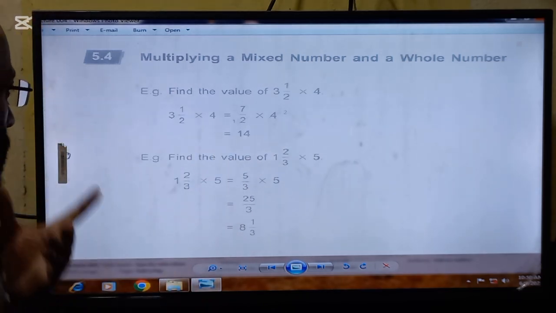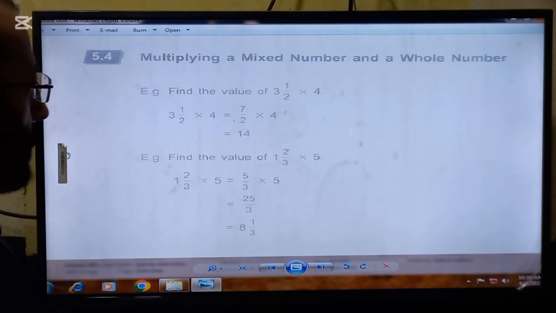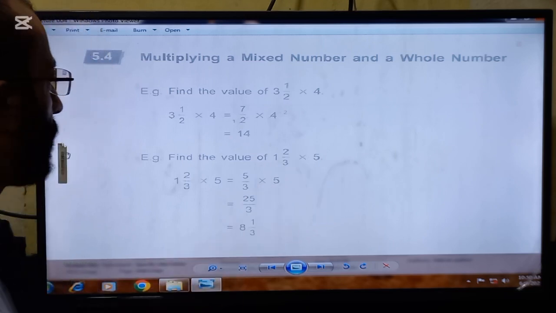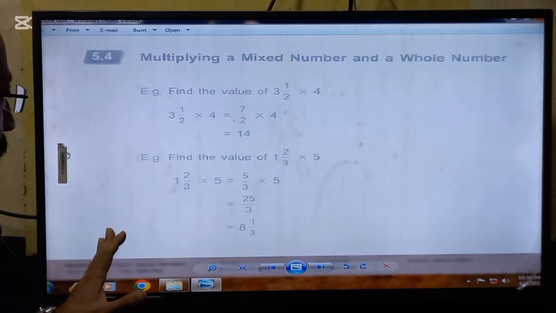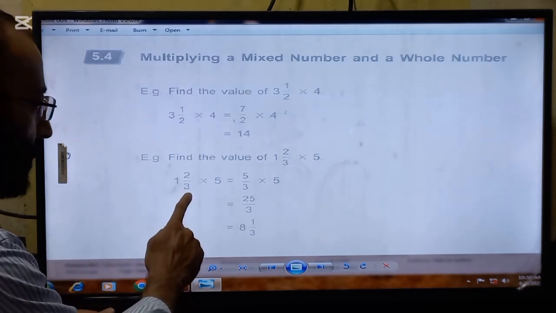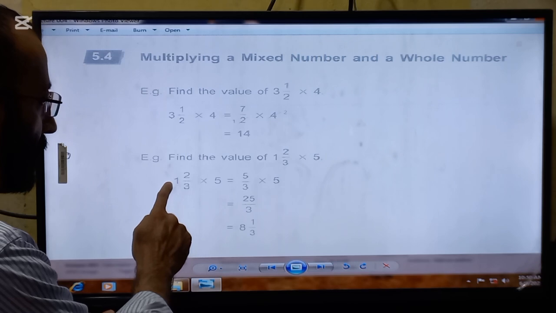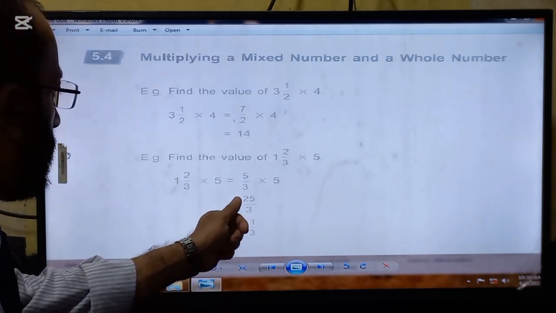And the other question is find the value of 1 and 2 by 3 multiplied by 5. Again, a mixed number is going to be multiplied with a whole number. So first we will convert the mixed number into an improper fraction by multiplying the denominator with the whole number part and adding the numerator. So 3 1s are 3 plus 2 is 5. The denominator will remain as it is.